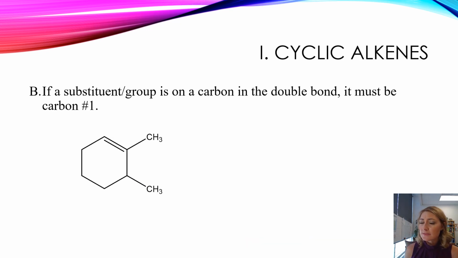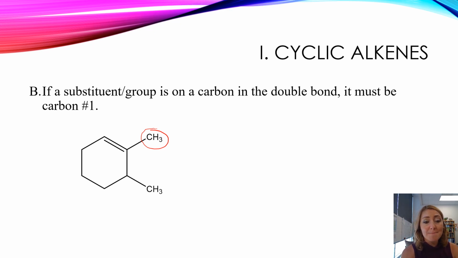We won't see this situation come up much, but it is important to note because you may come across it in your textbook. So there is another rule that tells us if your substituent or your branch, your group, is on a carbon in the double bond, you must label that carbon carbon number 1. Okay? So in this situation, we see this methyl group is coming off of one of the carbons involved in the double bond.